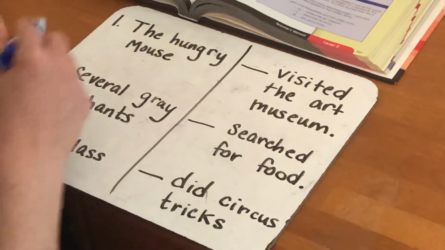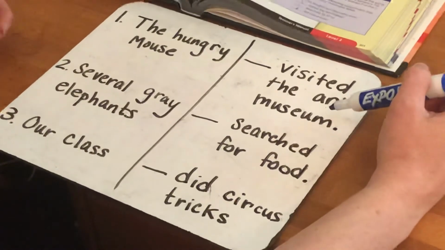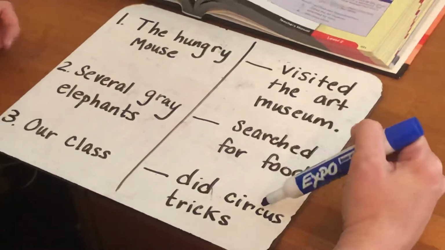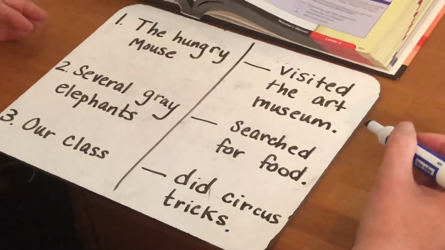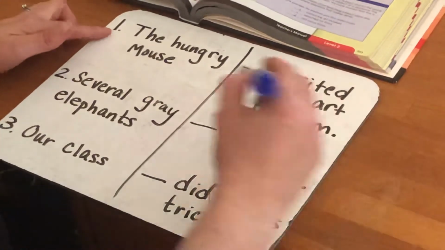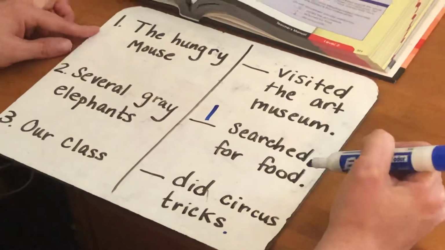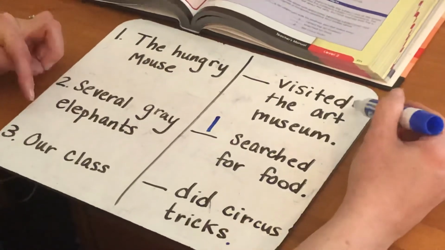The hungry mouse. The hungry mouse visited the art museum. The hungry mouse searched for food, or the hungry mouse did circus tricks. Okay, I know what some of you might want to put for this, but really we're going to match up that the hungry mouse searched for food. Number 2, several gray elephants visited the art museum.